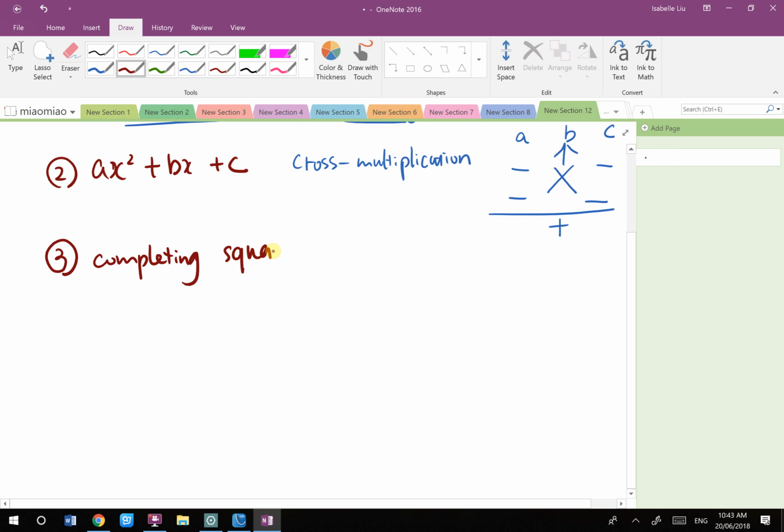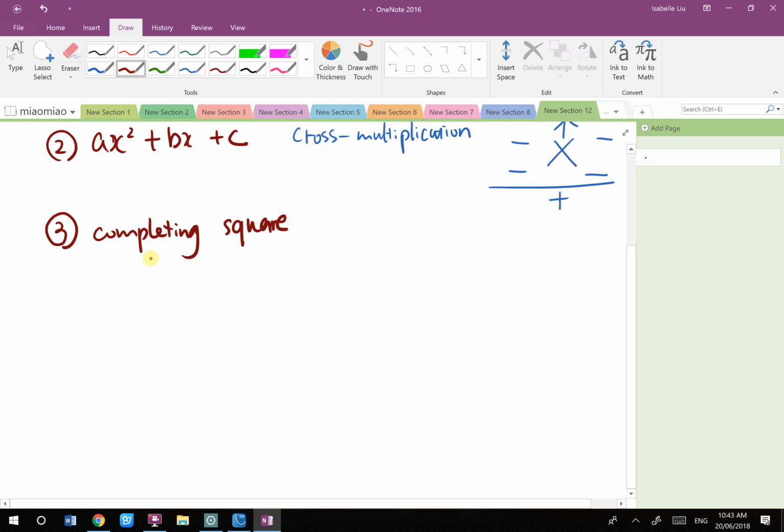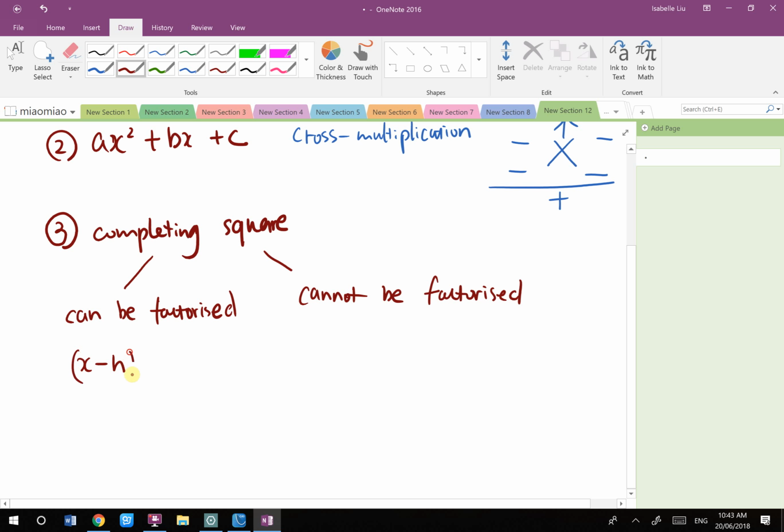Completing the square can tell us whether it can be factorized or cannot be factorized. Can be factorized looks like (x minus h) squared minus k.